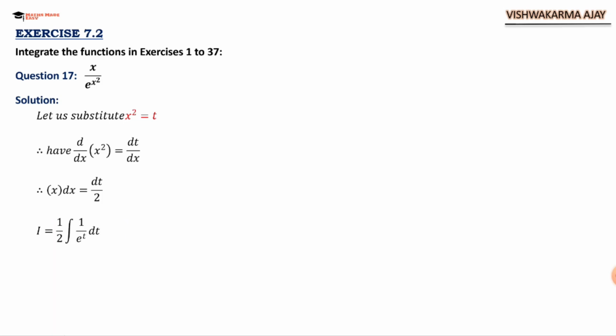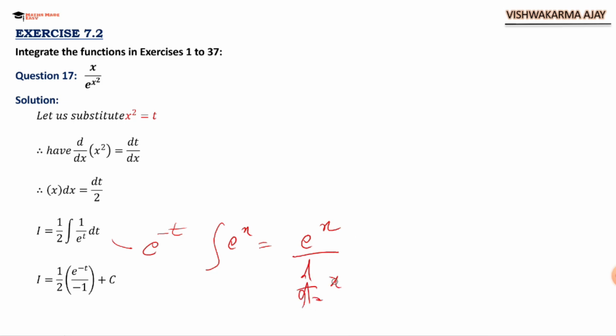1 upon 2 integral of 1 upon e raised to t dt. It can be written as e raised to minus t. Now when you go for integration of this, like last time, the integral of e raised to x is e raised to x upon the derivative of x, so this becomes 1.